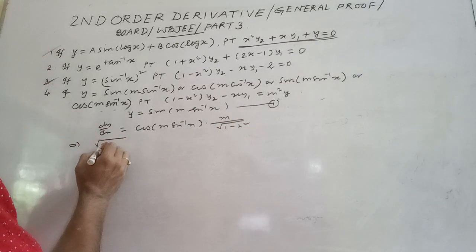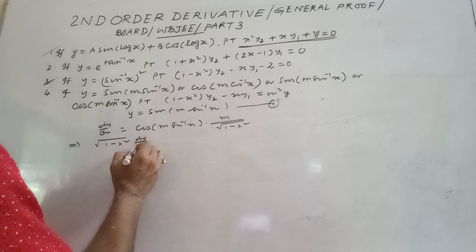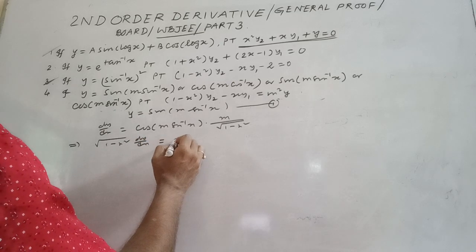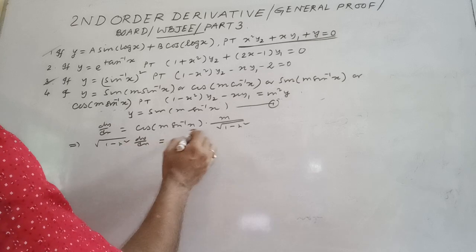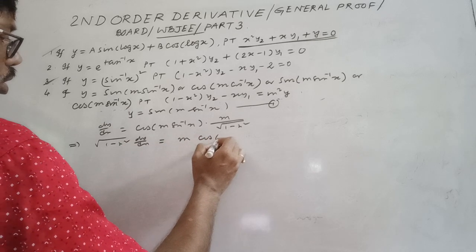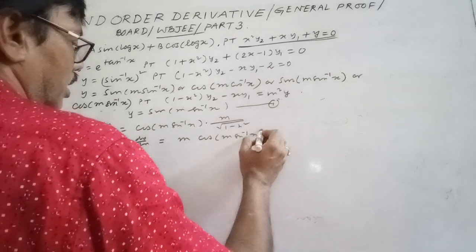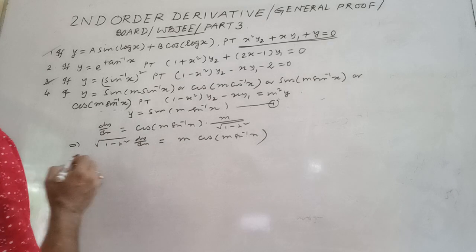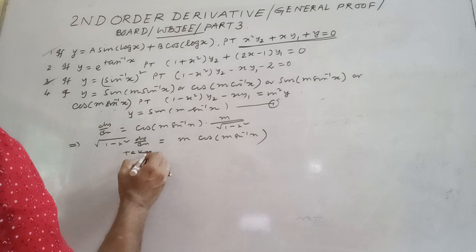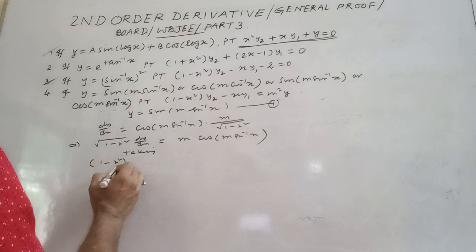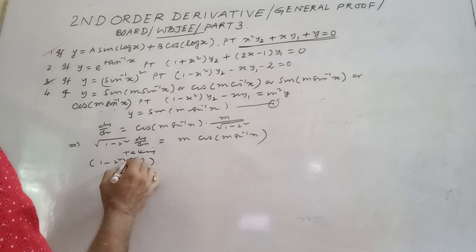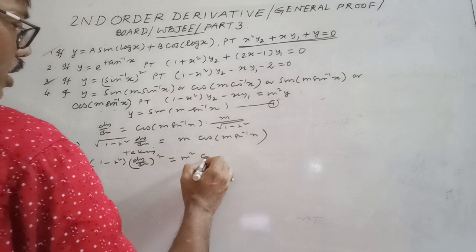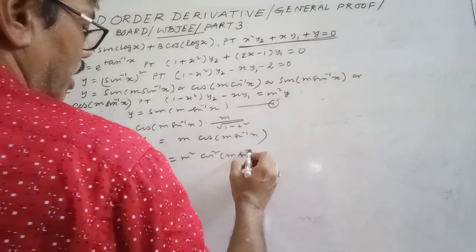So avoid quotient rule. cos m sine inverse x. So taking square on both sides, taking square to avoid root, 1 minus x square into dy dx whole square equals m square cos square m sine inverse x.